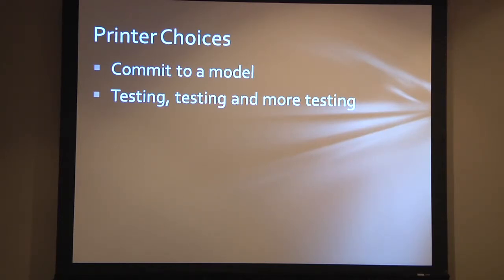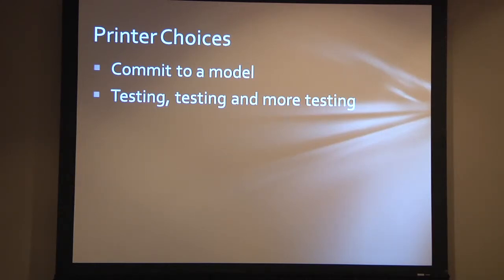The other thing that, again, I think is easier said than done: we were fortunate enough to be able to do this top item with our electronic health record initiative. We've been able to at least commit to not one model of printer, but we've got it down to, at least for this year, a handful of models. And I think we'll continue down that path as we move forward.